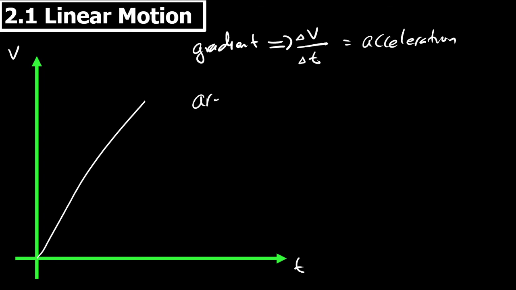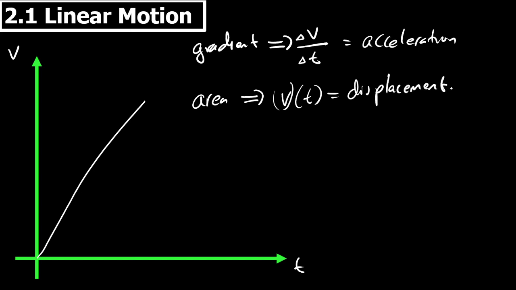On the other hand, the area under the VT graph is V times T, and that is actually displacement. So let's summarize: the gradient of the VT graph represents acceleration, and the area under the VT graph represents displacement, and that's how you answer the questions.